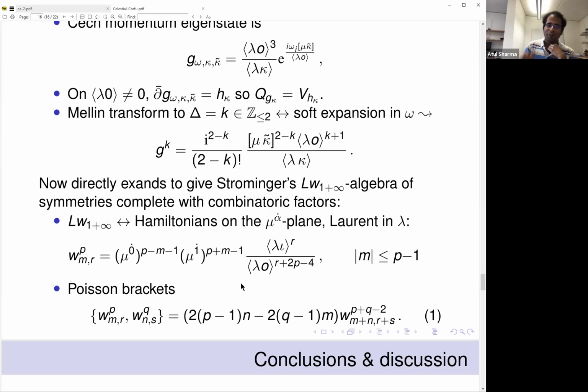Yeah, that's probably the most beautiful thing, that you basically just do binomial expansion of this mu kappa tilde by just setting kappa tilde to 1, z bar in 2 signature, and then you do binomial expansion to get these generators like in mu naught dot to some power, mu 1 dot to some power, and you get your gamma of p minus n, gamma of p plus n, those light transform factors. Those gamma functions that were generated by the light transform, literally just generated by the binomial expansion here.